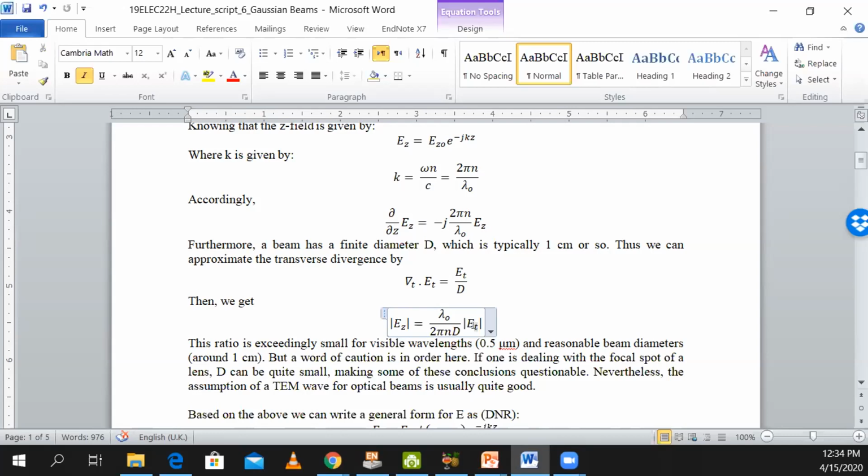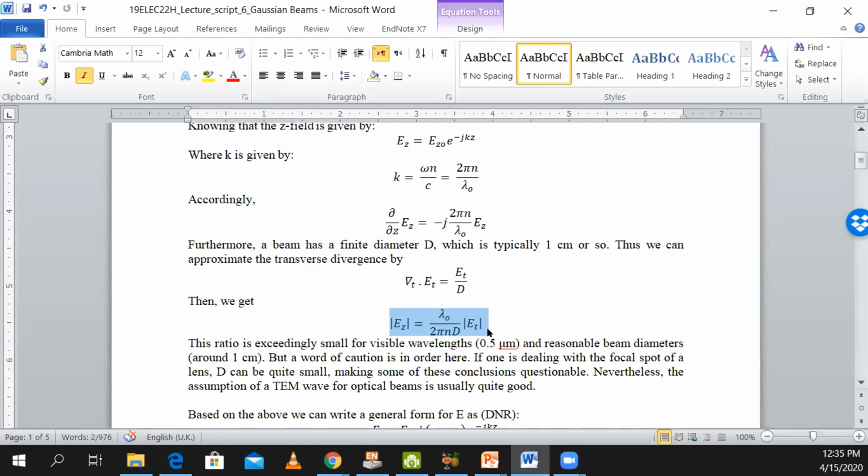A 10 power 4 reduction. Accordingly, we can ignore Ez with respect to Et. Et is much greater than Ez. This equation states that Et is much greater than Ez, or we can say that, roughly, Ez is equal to 0.